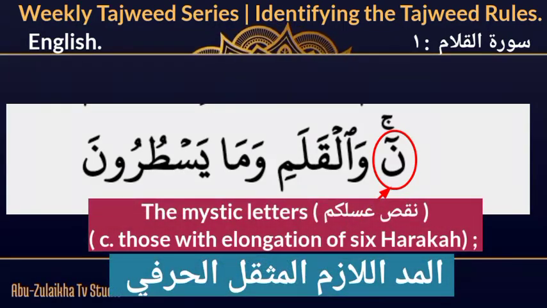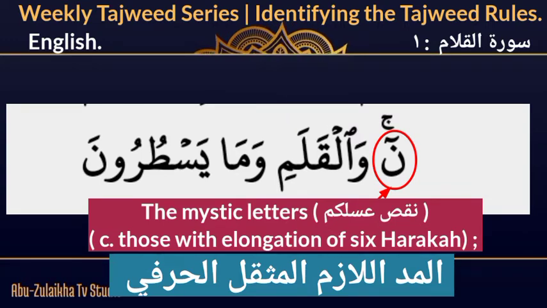It is called al-mad lazim al-muthaqqal al-harfi if, after the elongation of this second letter, as I said, noon for example, the last letter, which is having the sukoon, right? In the case of noon, for example.